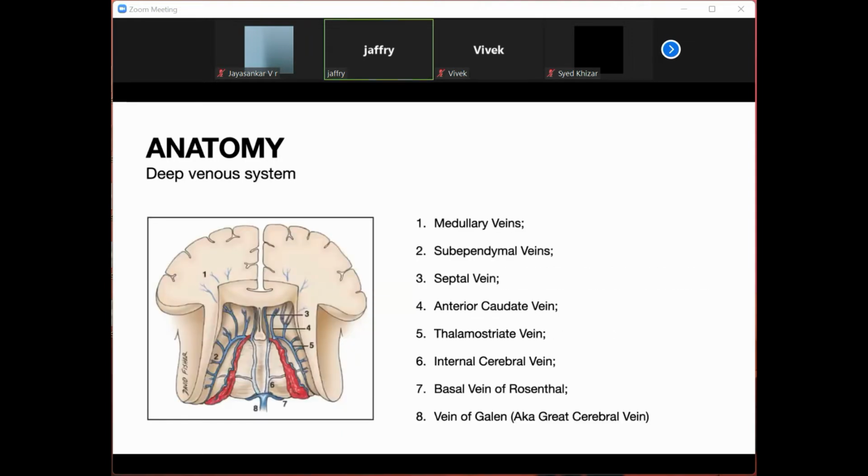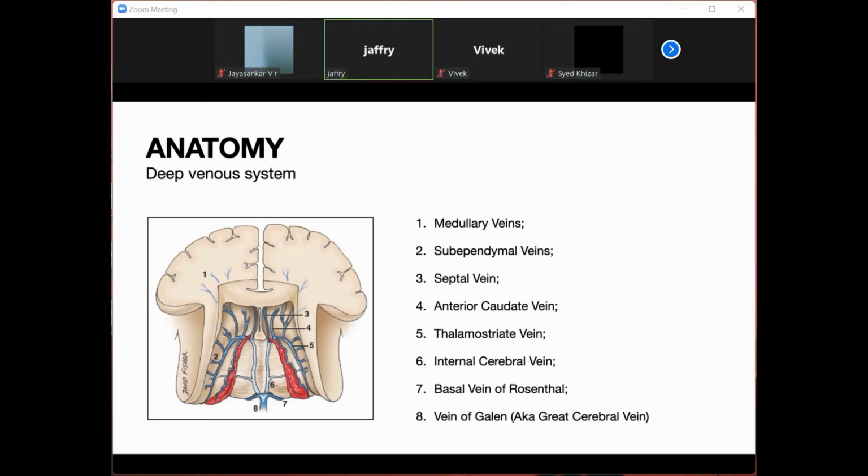Coming to the deep venous system, there are different names for the areas which they drain: medullary veins, subependymal vein, septal vein, anterior caudate, thalamostriate, internal cerebral, basal vein of Rosenthal, and vein of Galen. The vein of Galen is the great cerebral vein, which we know.